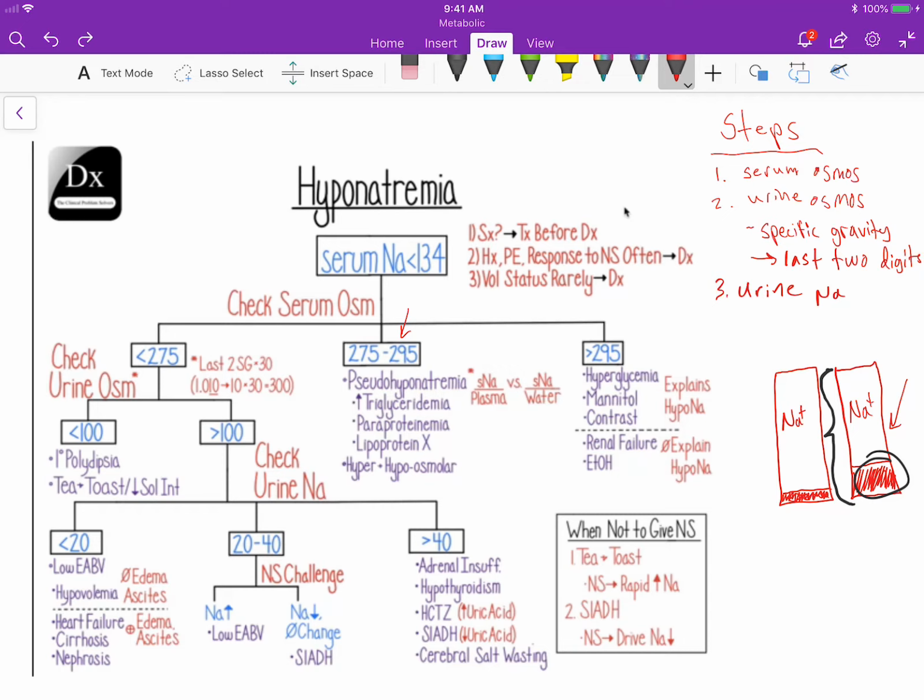So the only condition that can cause hypoosmotic hyponatremia is going to be from the diet. And this should make sense, okay? So if your kidneys are working properly and you have dilute serum, then you should also have dilute urine, correct? Yes.